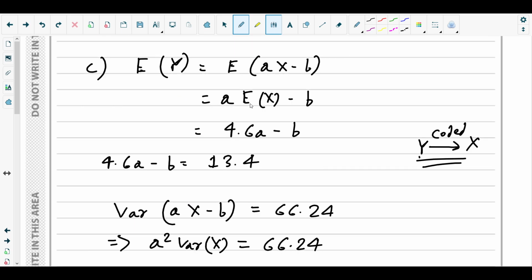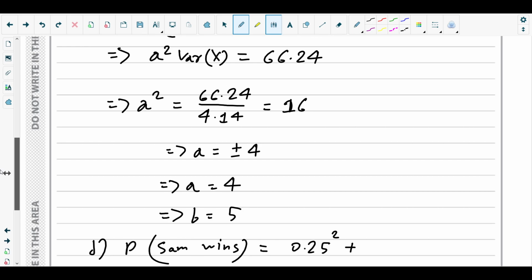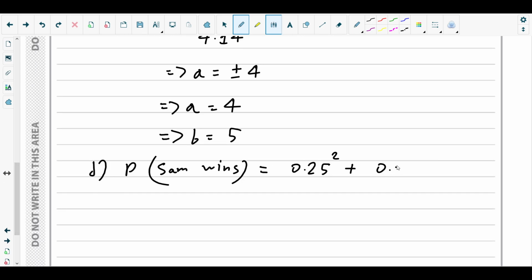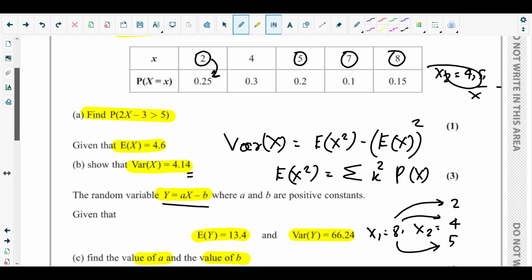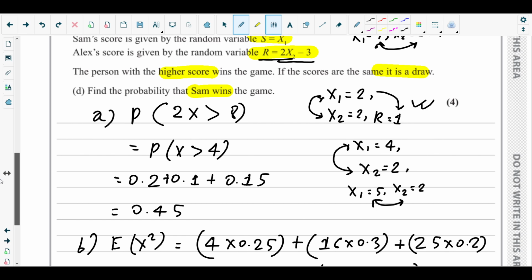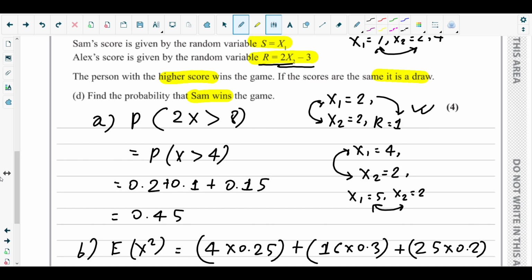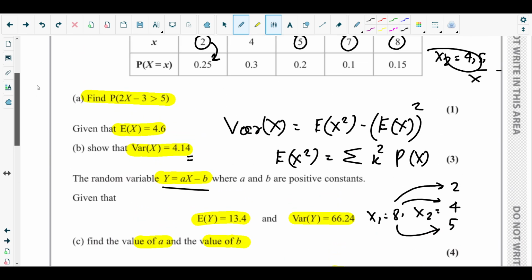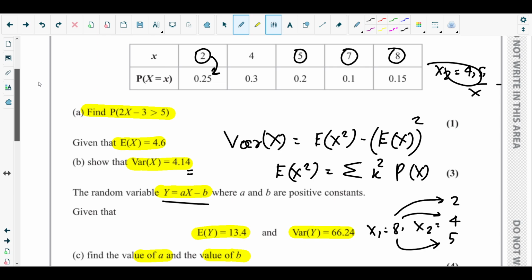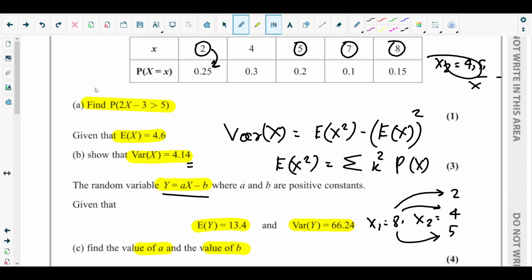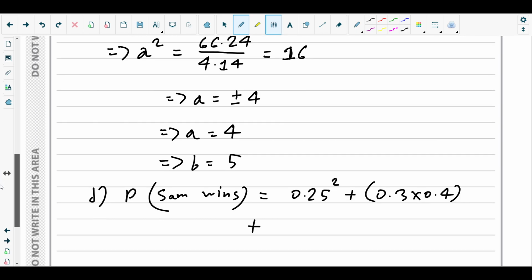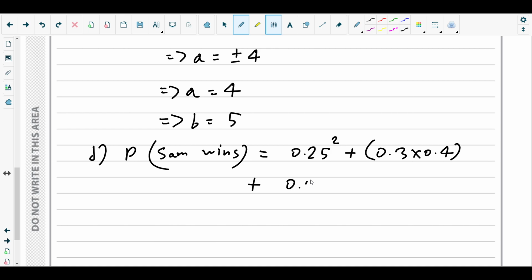Next, plus, x1 is 5, x2 is 2. What's the probability? 5 is 0.2 and 2 is 0.25. So 0.2 times 0.25.